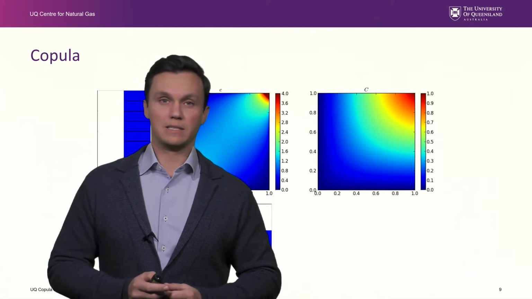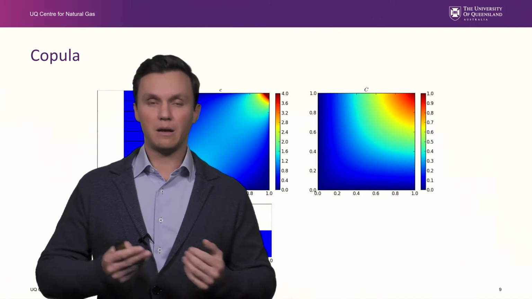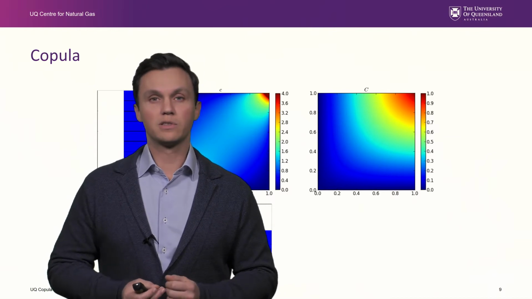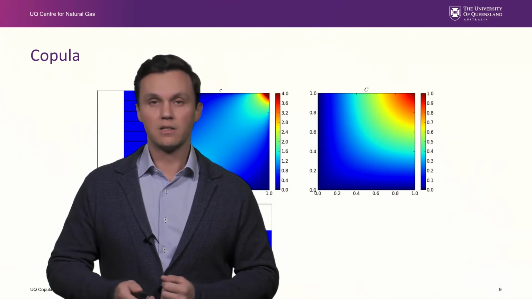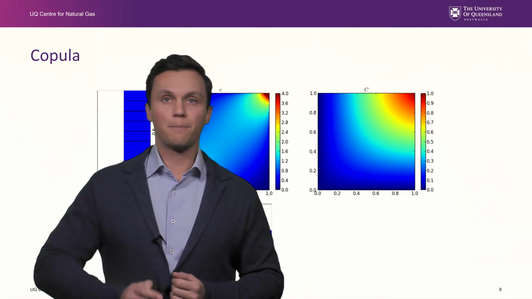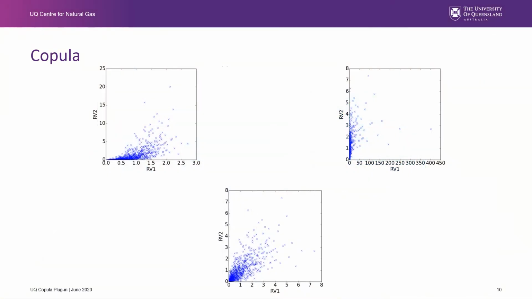The nice thing about copulas is that they decouple the marginal distributions from the actual dependence structures. So what does that mean? Here we have 3 different scatter plots, and they obviously look all very different, with very different values for both the x and the y values.